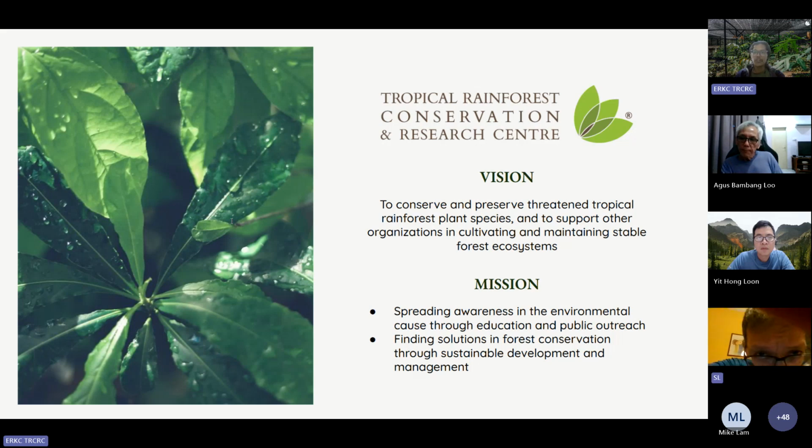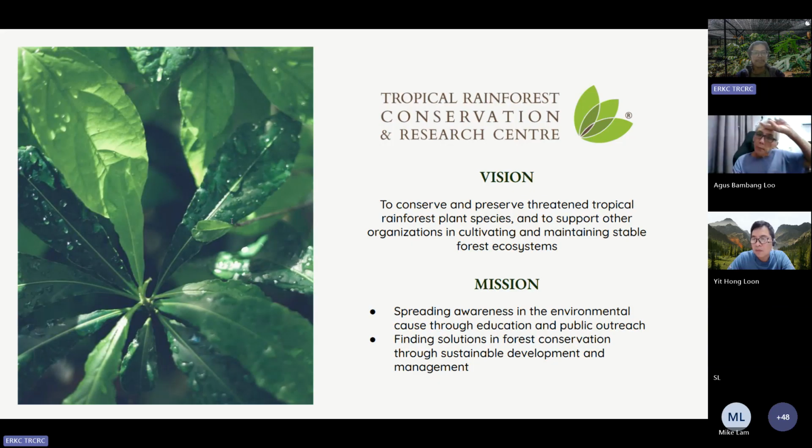Our mission is focused on two areas. First is spreading environmental awareness through education and public outreach, like the session you are having now. And second is finding sustainable solutions in forest conservation through responsible development and management.